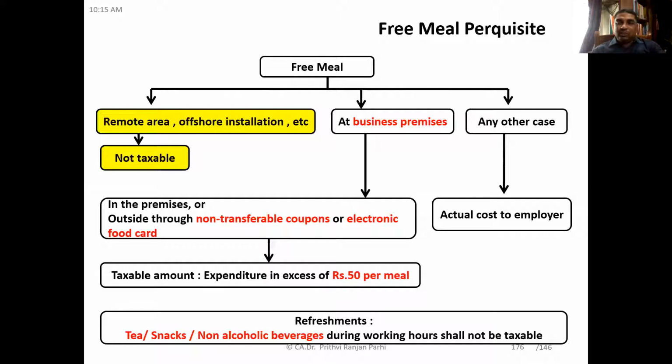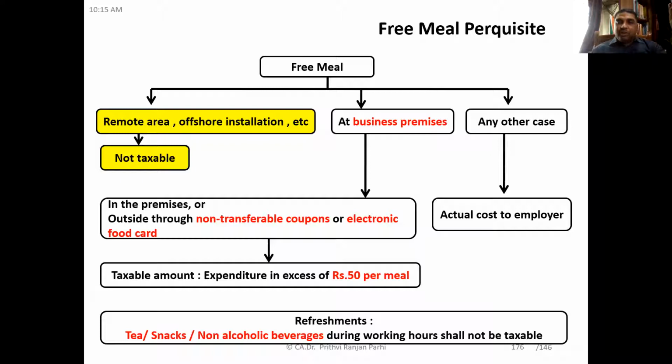Here again, we'll classify the situation where this free meal is provided. If it is provided at a remote area or offshore installation, it's not taxable.